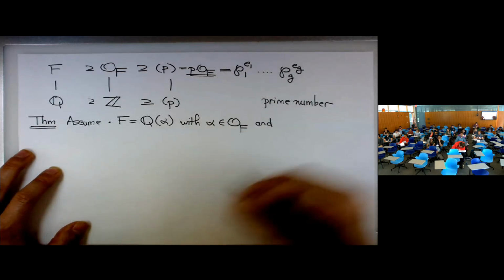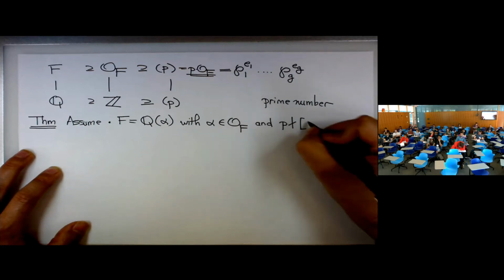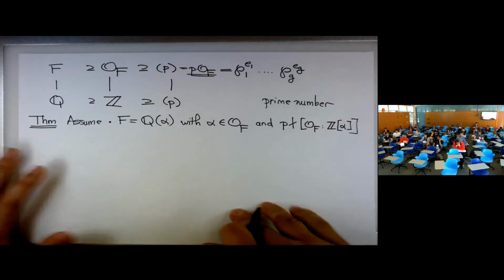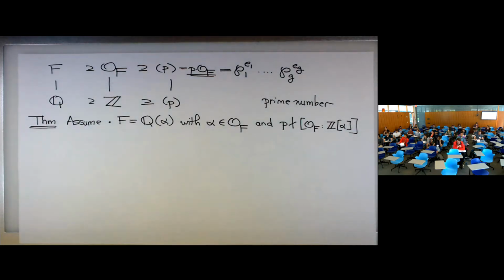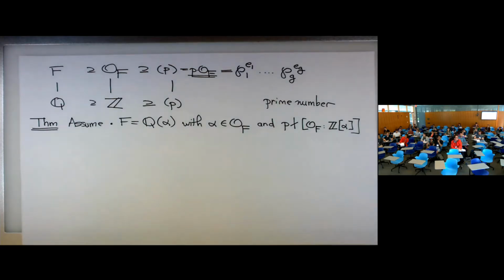And there's a technical condition that I want P to not divide the index, the difference. Excuse me, difference is fine. Nobody calls it the difference. I call it difference. That contradicts your statement. Okay, the index of Z adjoin alpha inside OF.